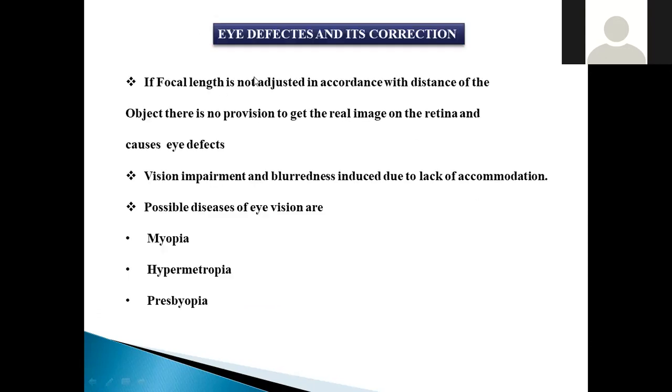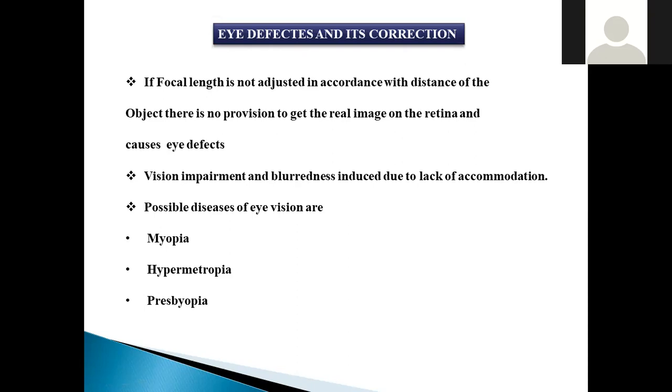Now let us go with eye defects and their correction. As of now we discussed what components are present in the eye, how to calculate the focal length, and what kind of parameters are related to the vision of the eye. Now we are going to discuss what kind of problems arise in eye vision and how we can correct them.